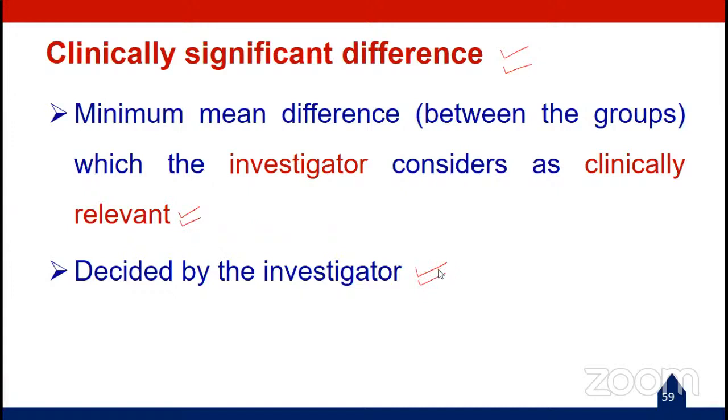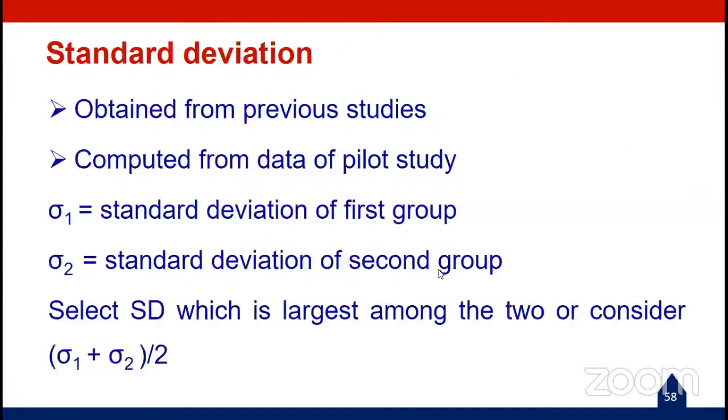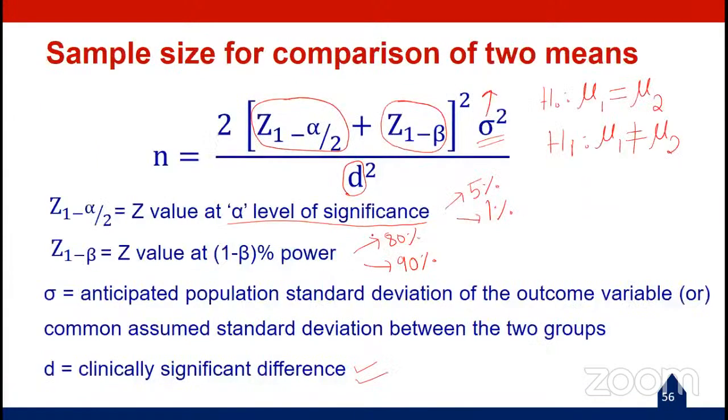You need to remember there is a difference with respect to the terminologies. One is D: in estimation case, we call it as margin of error, whereas here we call it as clinically significant difference. And Z, there we call it as level of confidence, here we call it as level of significance.